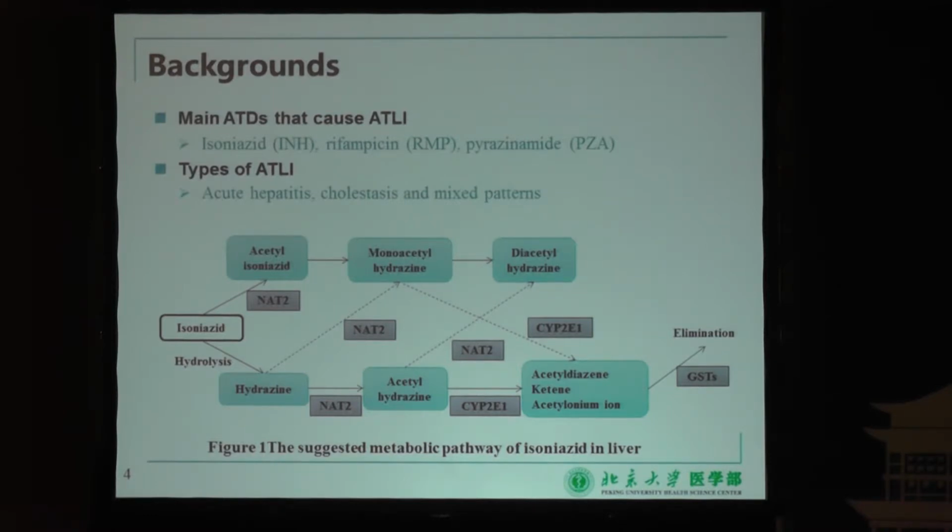Another metabolic pathway is the direct hydrolysis of INH into toxic hydrazine, followed by acetylation into acetylhydrazine. Acetylhydrazine could be oxidized into hepatotoxins by CYP450 and then detoxified by GSTs.